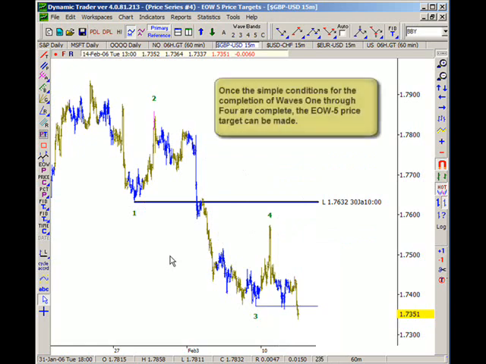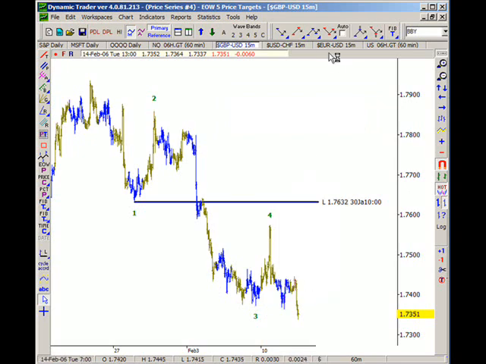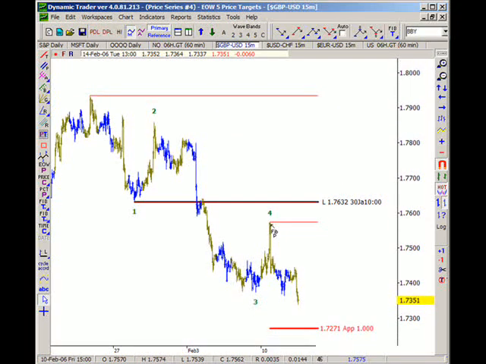So if we've got 1, 2, 3, 4 complete, what's the high probability target zone for wave 5? Just let me erase that line. Let's do all of our targets. So we do the 100% of wave 1, that range projected from that high of wave 4.